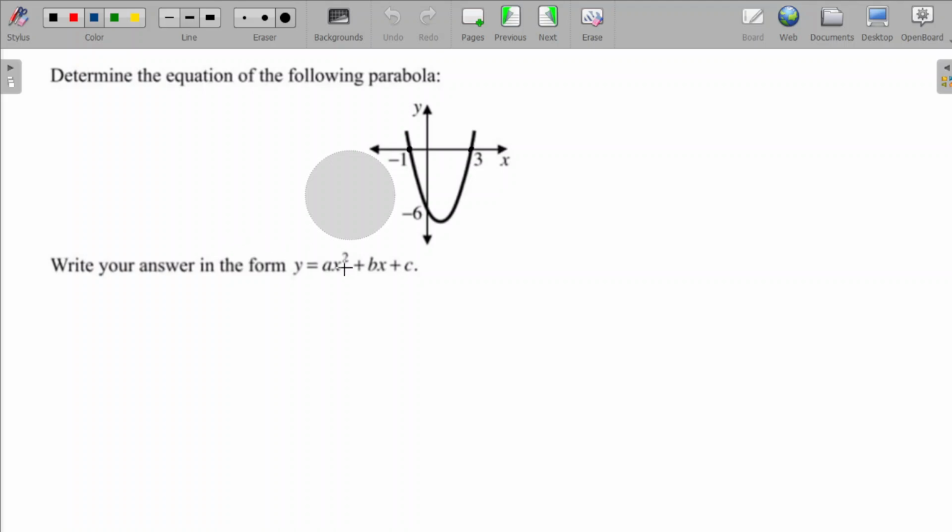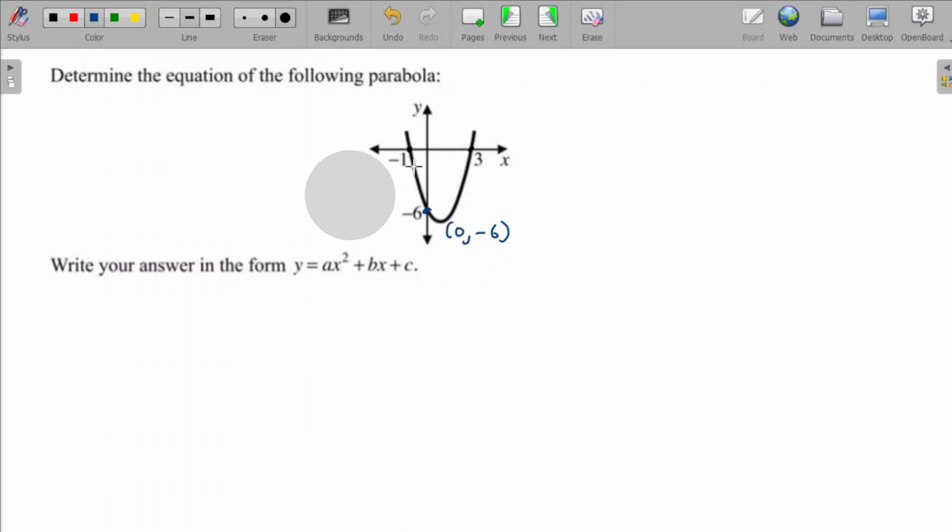Now, determine the equation of the following parabola. In this case we have the x-intercepts, negative 1 and 3, and a point in the graph, which is 0 maps to negative 6. In this case it's a y-intercept, but it doesn't have to be.